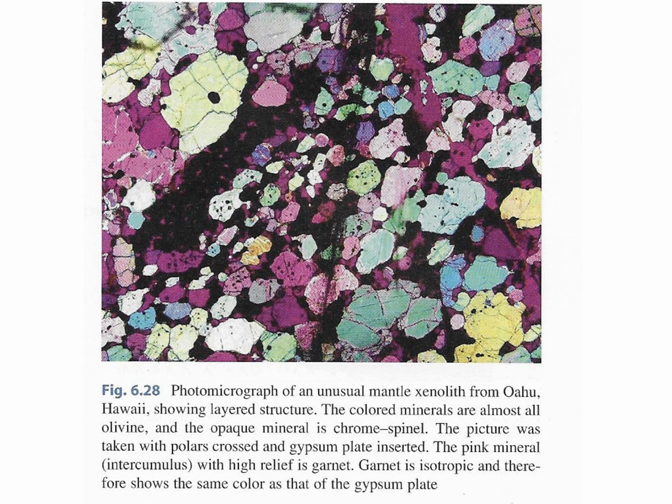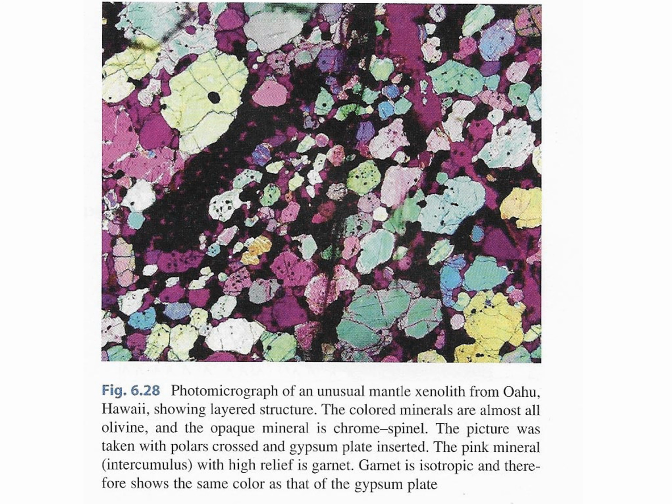So here we have another micrograph, of an unusual mantle xenolith from Oahu, Hawaii, showing layered structure. The colored minerals are almost all olivine, and the opaque mineral is a chromite spinel. So that is the relationship here.